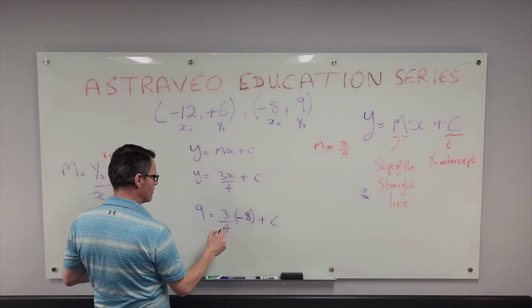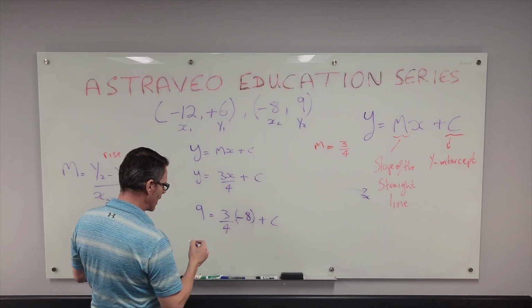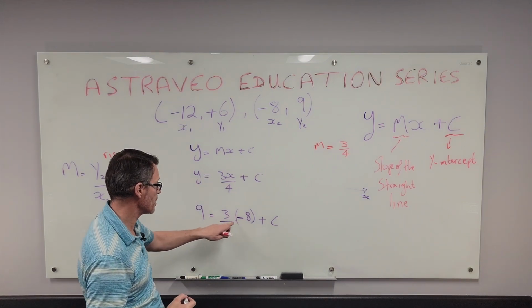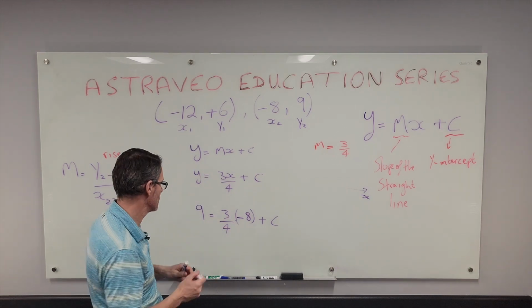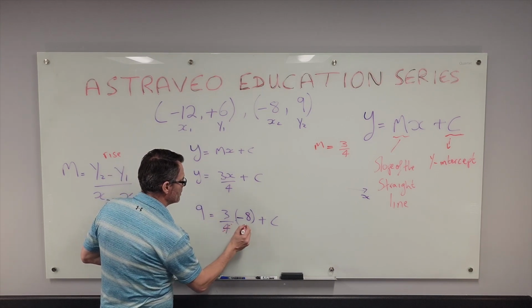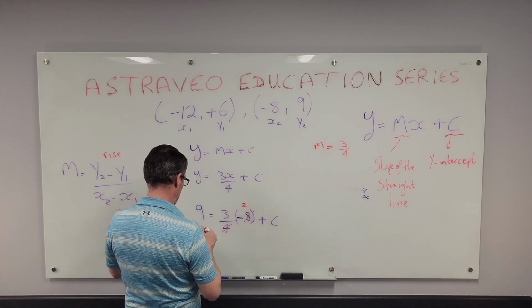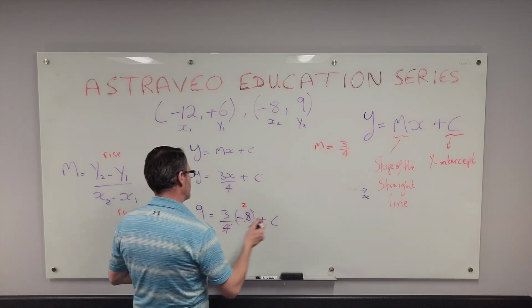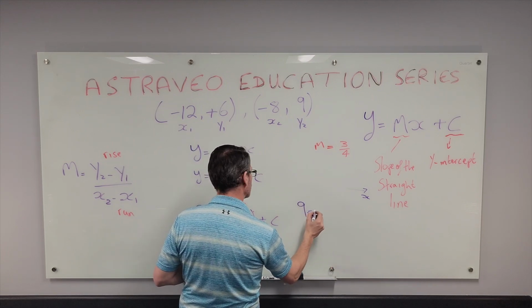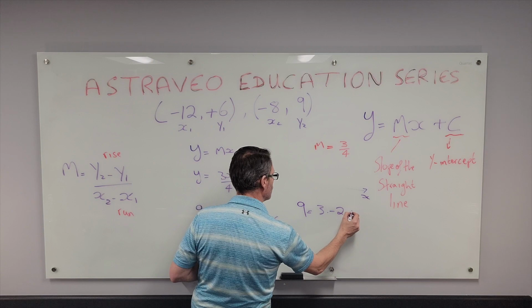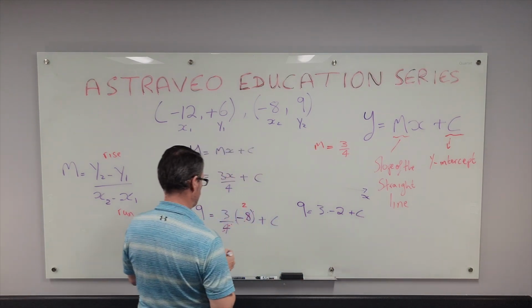Well, there's an 8 divided by a 4. This division goes all the way through because it's a multiplication. 4 into 4 goes 1, 4 into 8 goes 2. So now we have 9 equals 3 times minus 2 plus c.